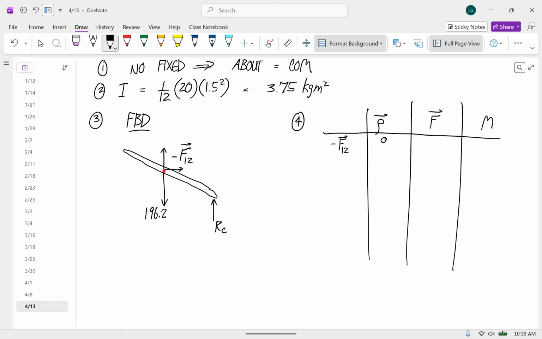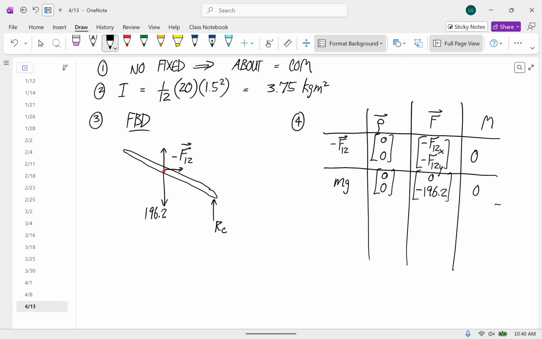The row vector is 0. The force is negative F12x, negative F12y, 0. Then I'll do the weight. Row vector is also 0. Force is 0, negative 196.2. Cross product is 0. And then the last force is RC.